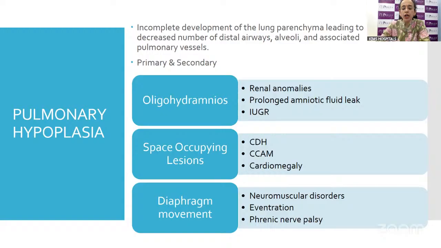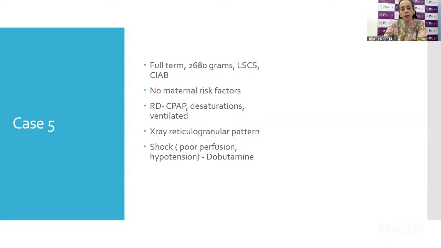Though this hypoplasia can also occur secondary to space-occupying lesions such as CDH, CCAM, and cardiomegaly. And if the diaphragmatic movement is not proper, like in neuromuscular disorders, diaphragm eventration and phrenic nerve palsy, then also the babies are prone for the pulmonary hypoplasia.